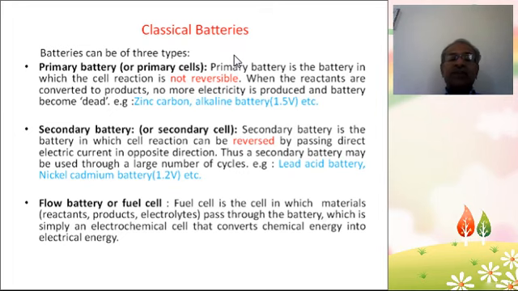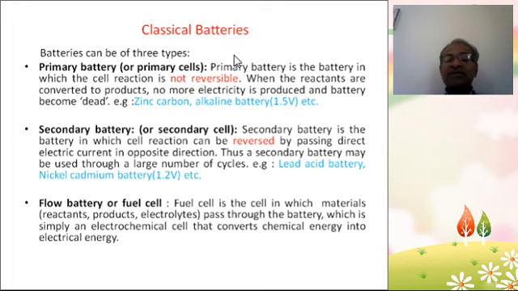The second type of battery is the secondary battery, in which the cell reactions are reversed by passing the direct electric current in the opposite direction. The well-known examples of the secondary batteries are the lead acid battery, which is also known as the lead acid storage battery, nickel cadmium battery, etc. And the third one is the flow battery or the fuel cell.